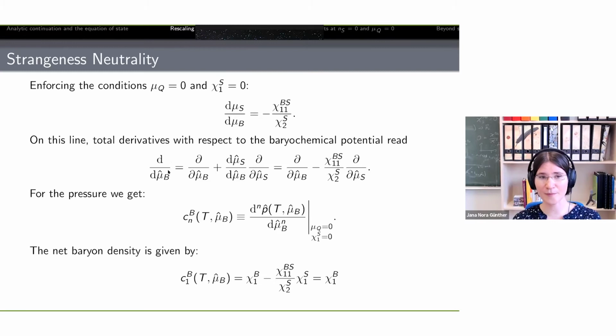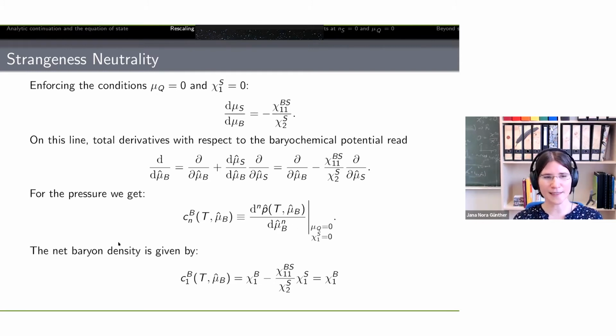the total derivative with respect to the baryon chemical potential now gets a second term, which is exactly denoted by this total derivative of the chemical potentials here. And using this, we can write the derivatives of the pressure. We call them here c_B and then the number of which derivative we want.